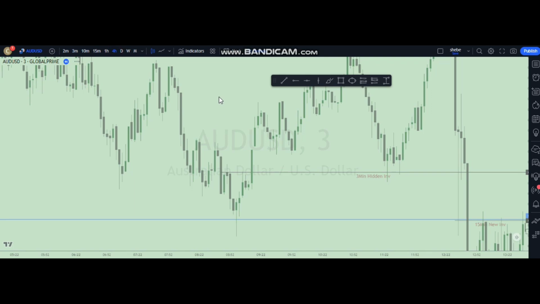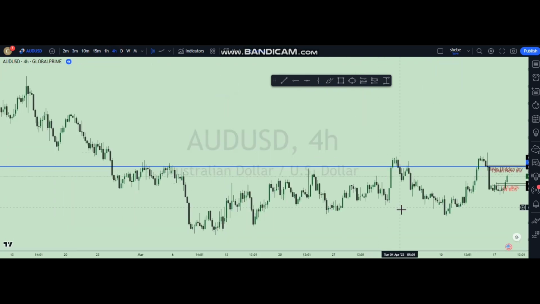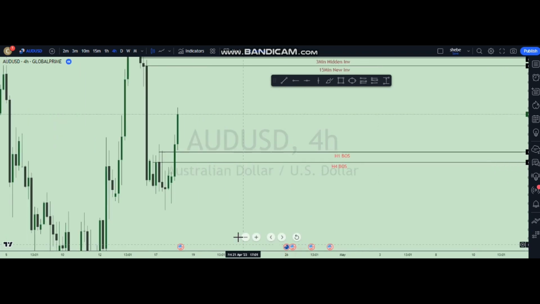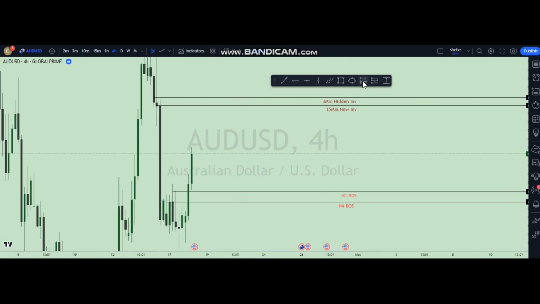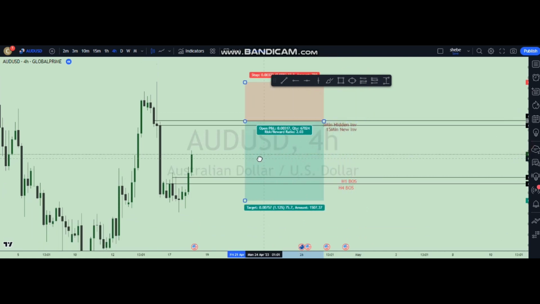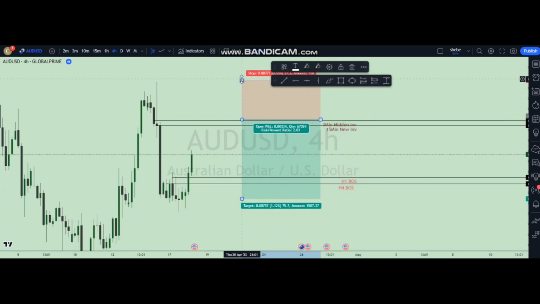Now we can go to 4 hour and see how the price spread out. Our aim was to risk only 20 pips from this point.